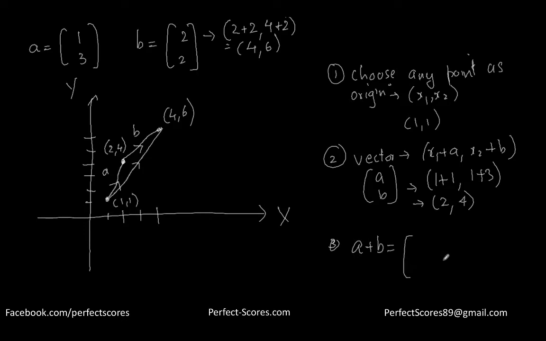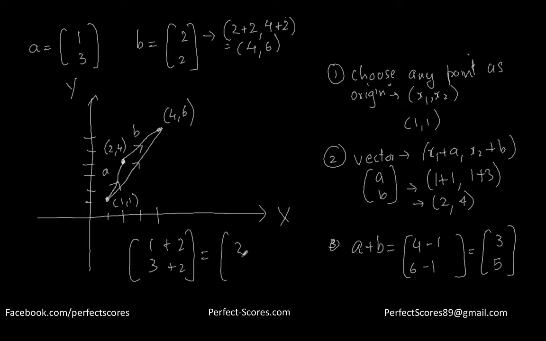So to find the vector A plus B, I can subtract: 4 minus 1 and 6 minus 1. Why do I do that? Because from (1, 1) I'm going till (4, 6). That means this represents my vector, which is equal to (3, 5). And as you can see, if I literally add (1, 3) and (2, 2), I will actually get (3, 5).